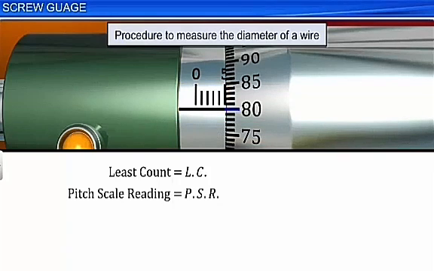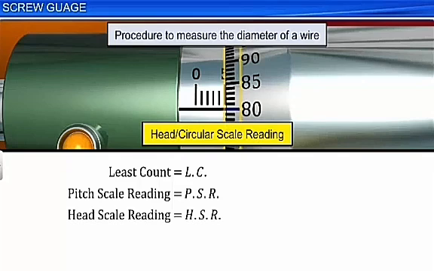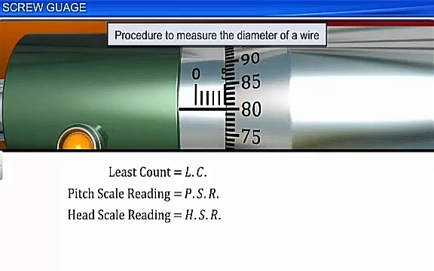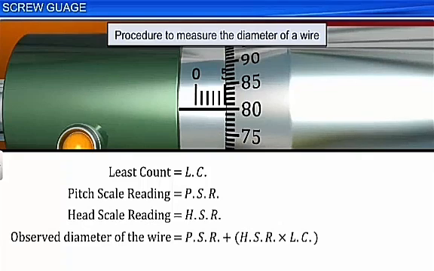Note the reading on the head scale that coincides with the index line of the pitch scale. This reading is called head scale reading or circular scale reading. The observed diameter of the wire is equal to pitch scale reading plus head scale reading into least count.